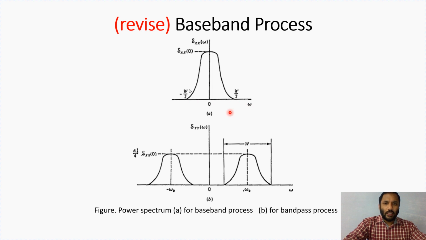You can see here the power is concentrated in a band of frequencies W, capital W. The width of this band is W, and all the power in the process is concentrated only in these certain frequencies, and outside these frequencies the power distribution is negligible.